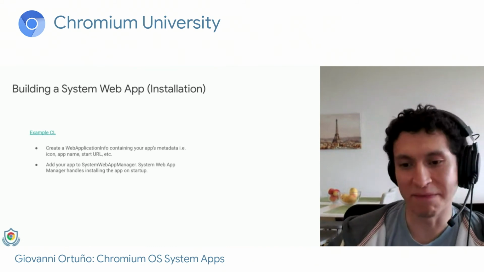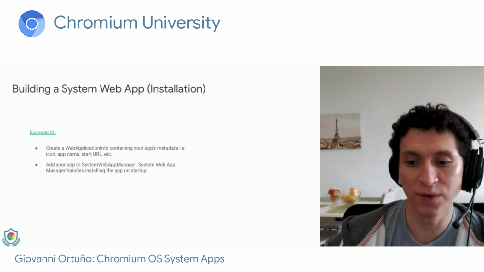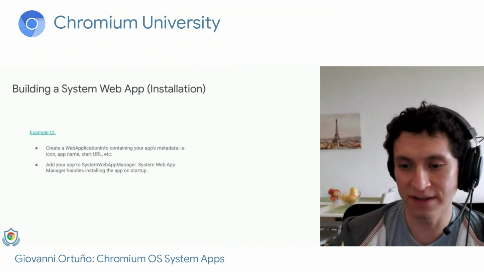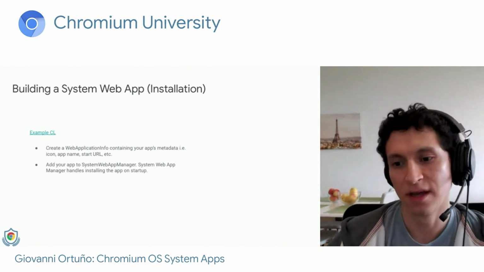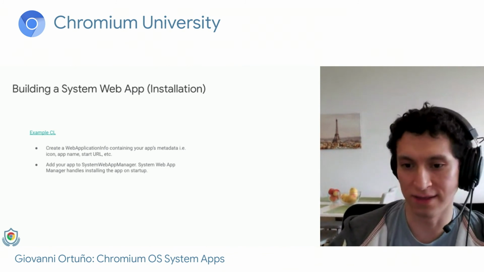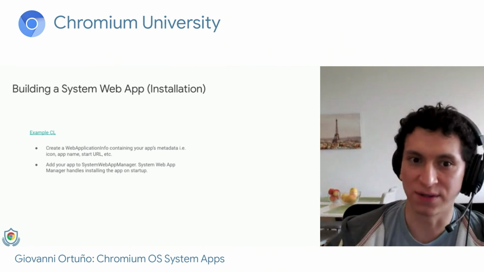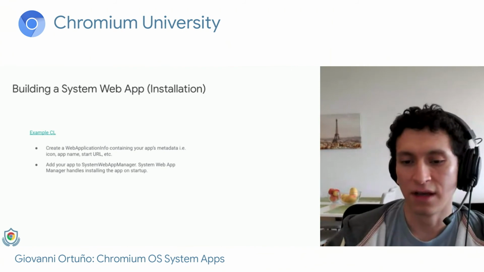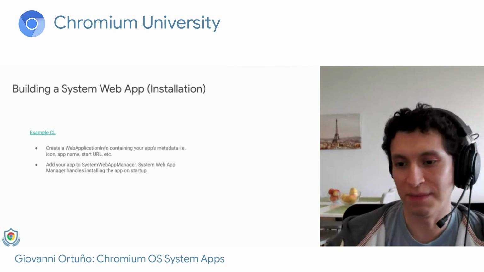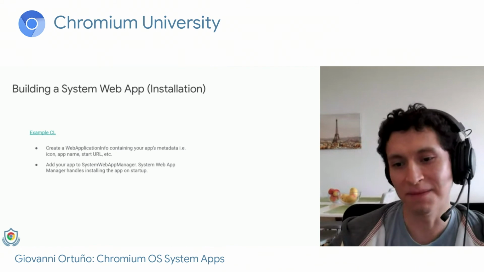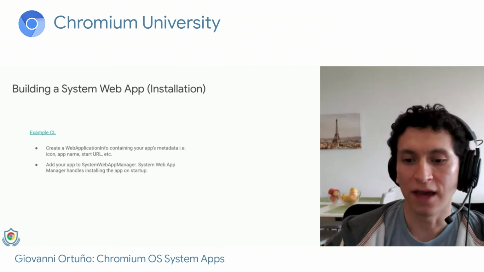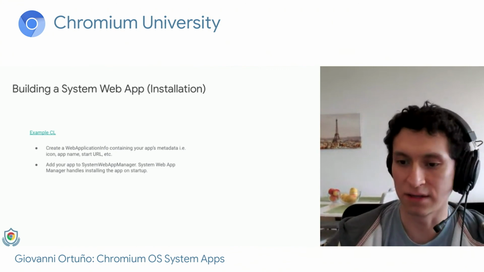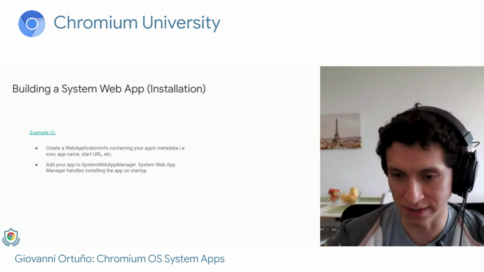System web apps don't have a manifest per se, but they do have a web application info, which has the same fields as the manifest, but it's just a C++ object that we can hard code in the code. And it avoids us having to load a renderer, parse the manifest, and all that stuff. So you just create a web application info that has the metadata of your app, the icon, the app name, the start URL, all that stuff. And you add that to the System Web App Manager, which will handle installing your app when Chrome OS starts up.